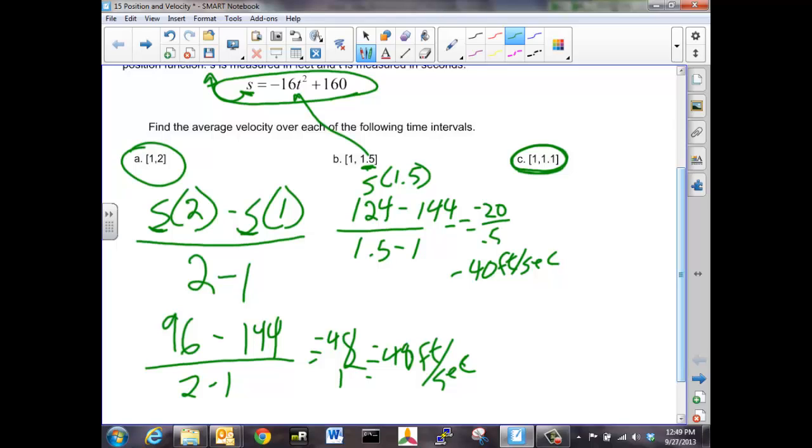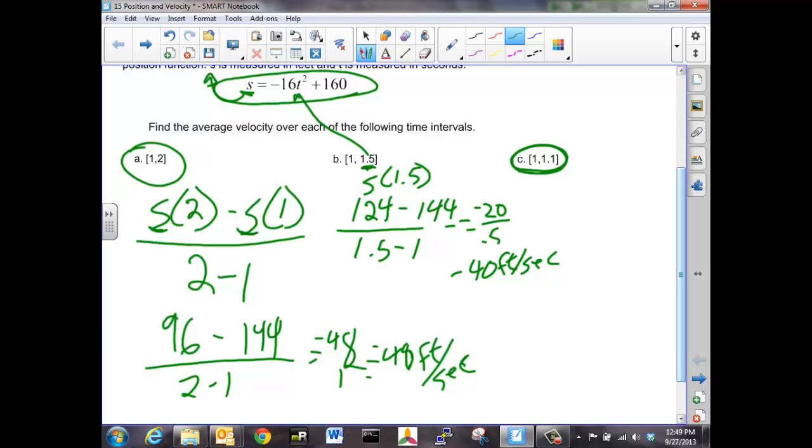But here's what I want you to understand. Have we done any calculus here? This is average velocity. Well, now, what is instantaneous velocity? At that split second, okay?